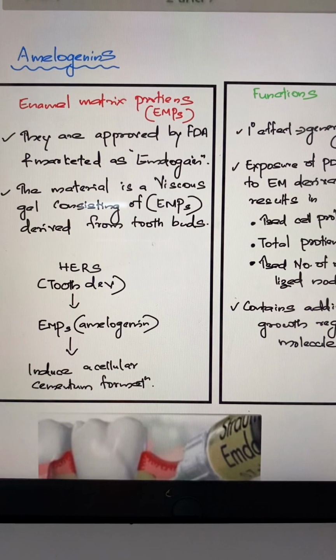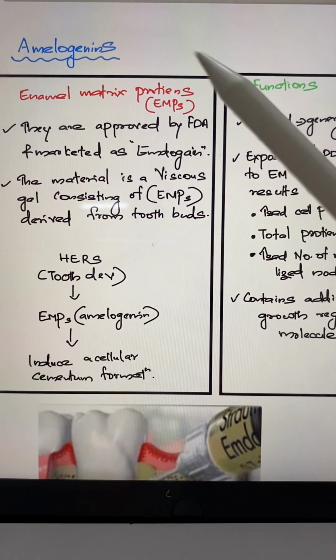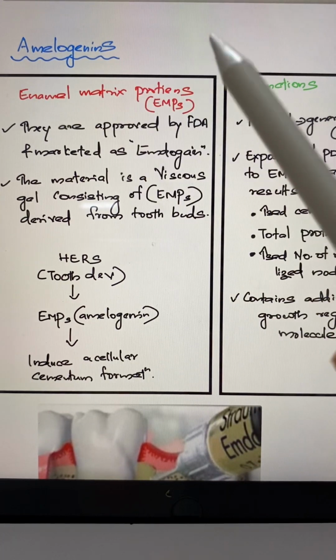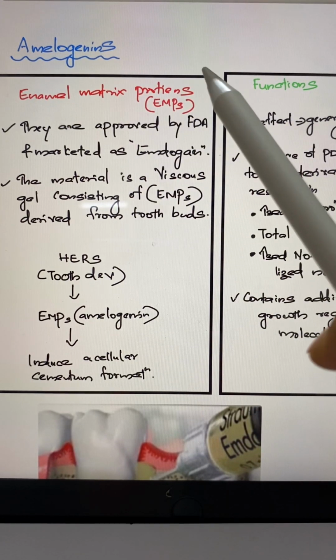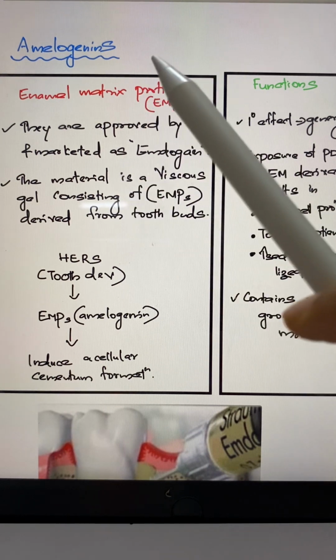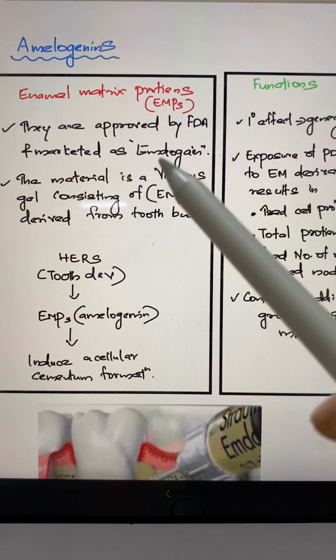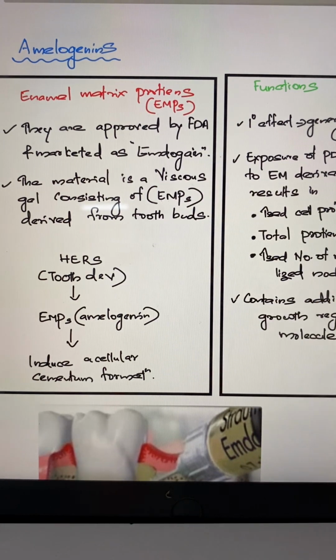What is that? Sometimes we have heard about enamel matrix proteins. These enamel matrix proteins, EMPs, are in the market as Emdogain. This is a viscous gel-like material which consists of EMPs derived from the tooth buds.